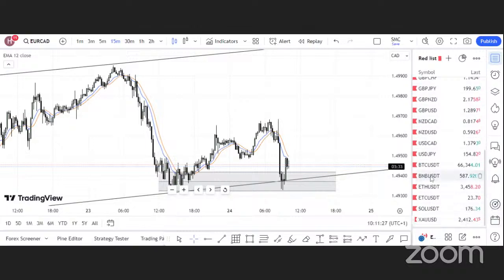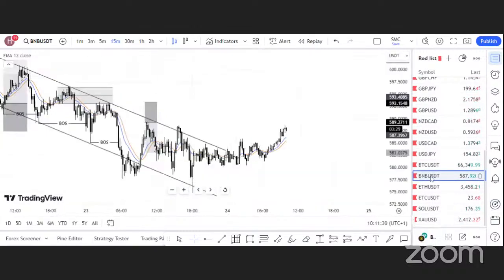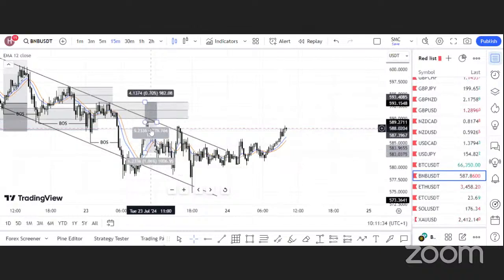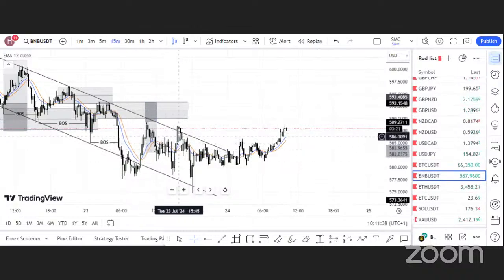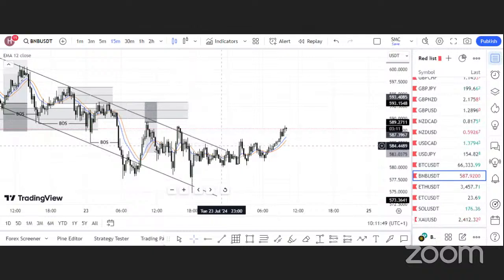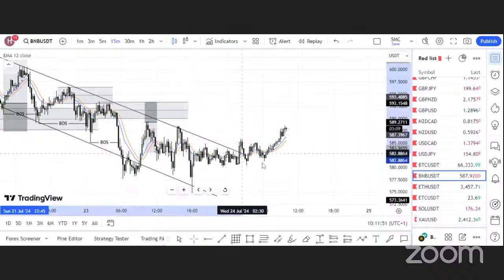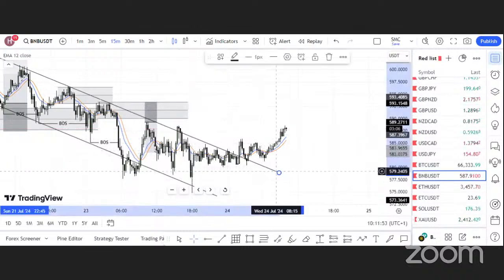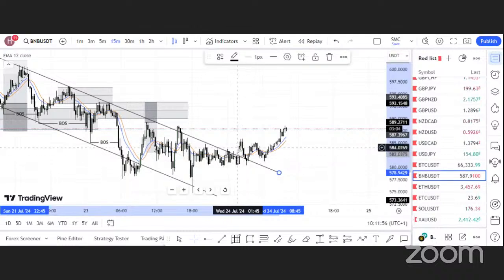Let's check BNB USDT. You see the market hit TP and even came back to that same trend line, faked out a bit and then went down for the second time. It respected our trend line till this level where we had a breakout.